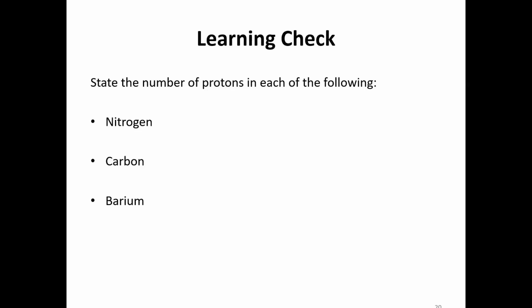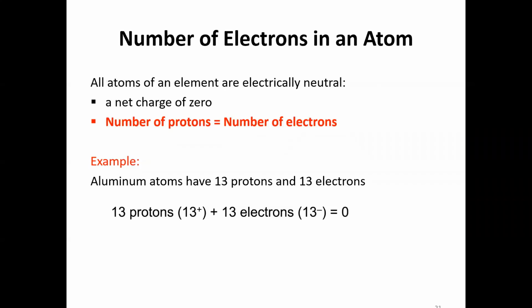Carbon, right next door, its symbol is C, and it has a total of 6 protons. If you're looking for barium, you need to look for this element that is Ba. And that one has a total of 56 protons.